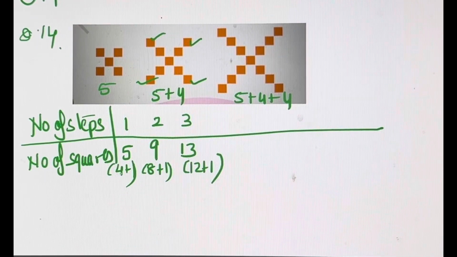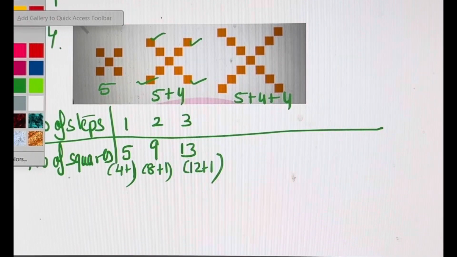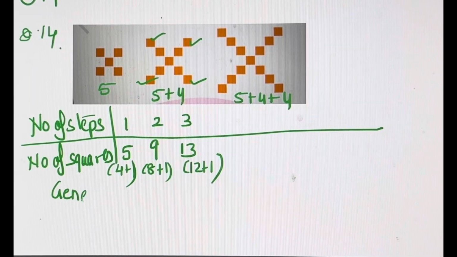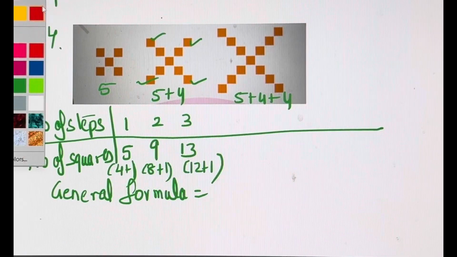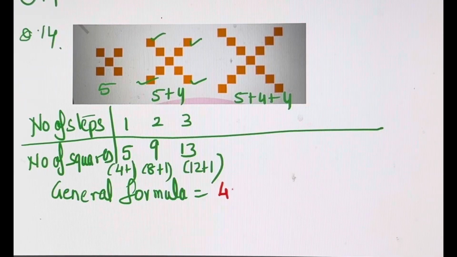So you can see 4, 8, 12 are multiples of 4 and 1 more than that. So the formula would be 4x plus 1. Right? So general formula is 4x plus 1. Once you form the general formula, whichever step is asked, you can easily find out.